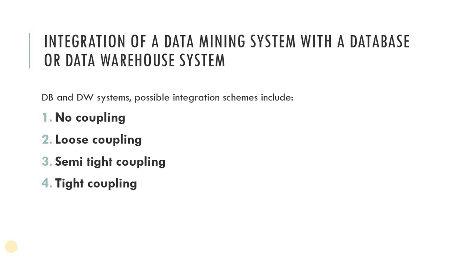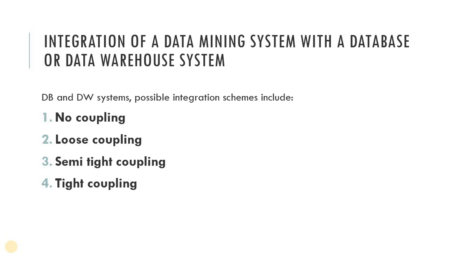The last one, the fourth one, is tight coupling. Tight coupling means the data mining system is smoothly integrated into the database or the data warehouse. So all the functionalities of the data warehouse or the database are used by the data mining system. The data mining subsystem is treated as one functional component of the information system.